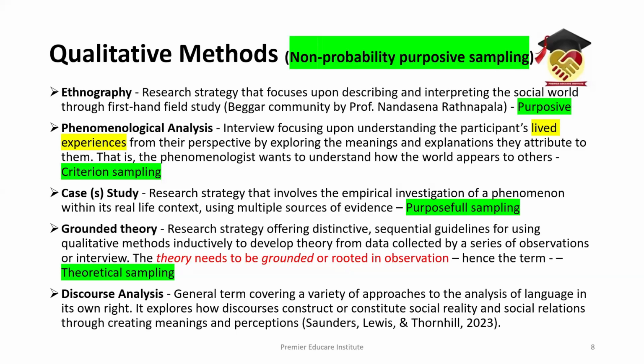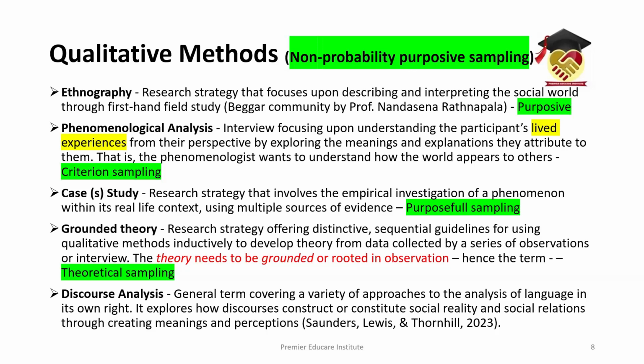So the second, ethnography means you have to live with them. Professor Nandasen Ratnapala lived with the beggars; he himself begged in Colombo before the Galle Face some years ago. Do you believe his colleagues saw that he was begging? That is participant observation.